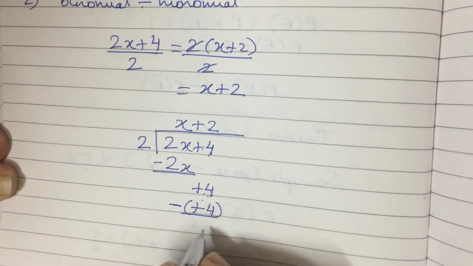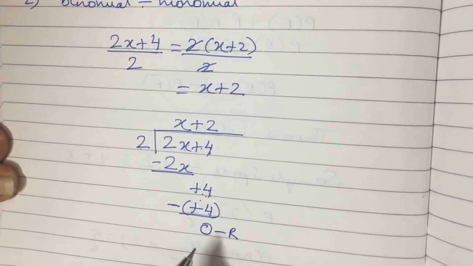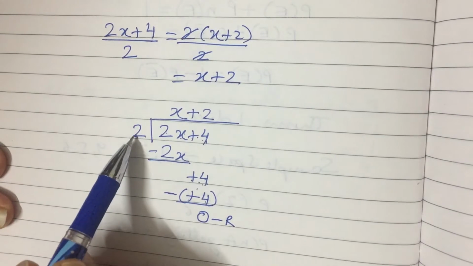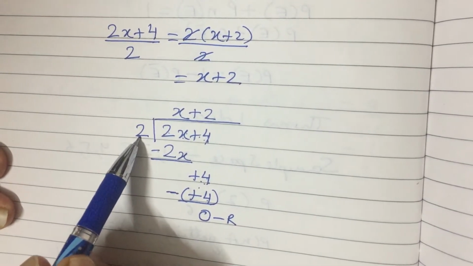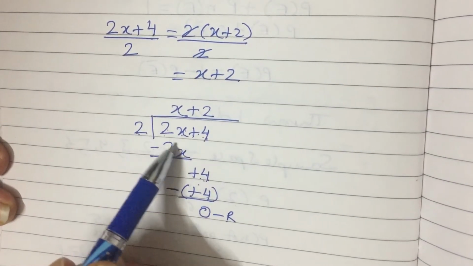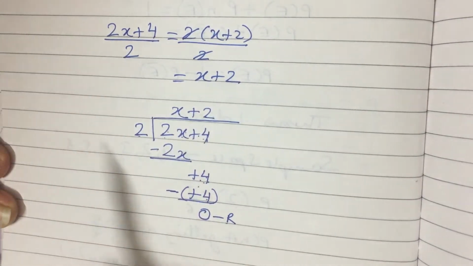So this is 4 minus 4, which is a 0. So the remainder here again is a 0. That means 2x plus 4 is exactly divisible by 2 since the remainder is 0. 2x plus 4 is the dividend. This is the divisor and this is the quotient.